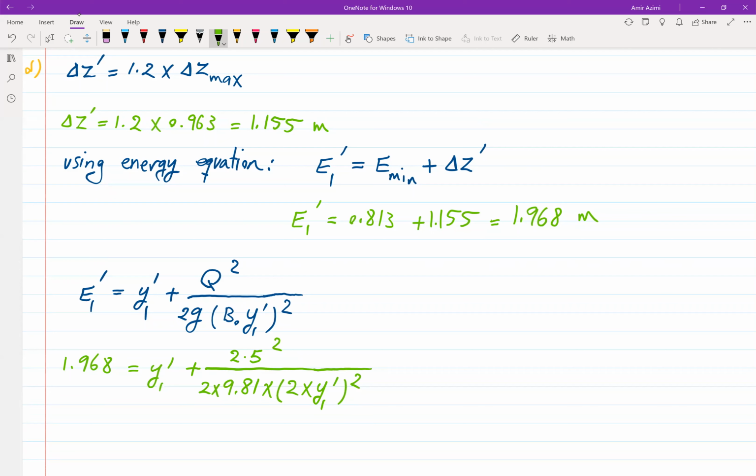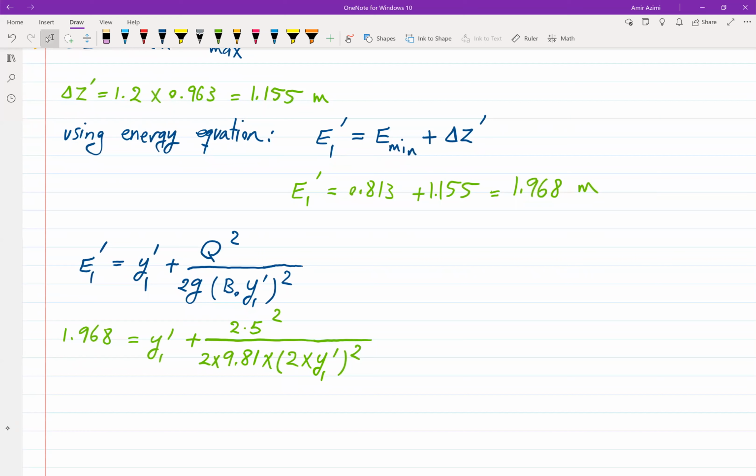So one equation, one unknown. You can either multiply the right-hand side and left-hand side by Y1 prime squared to convert this into a cubic equation and solve for it, or you can use trial and error to find out what is the value. So what I'm going to do is use the trial and error method.